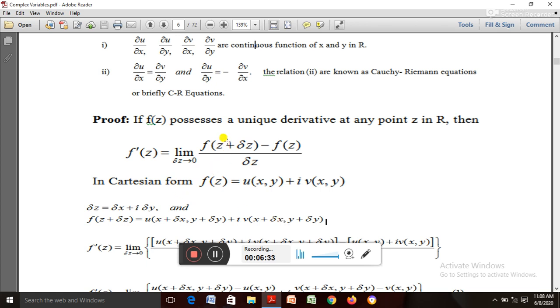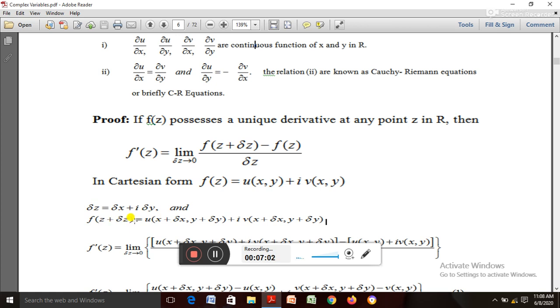We know delta z means increment in z, so f of z plus delta z means the increment in this. So it is the increment in z.